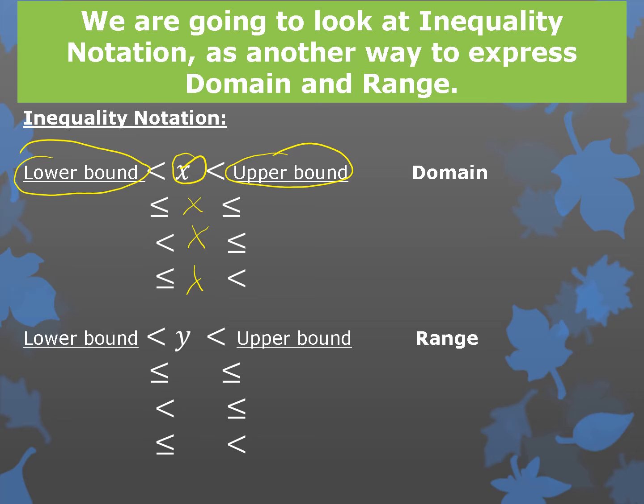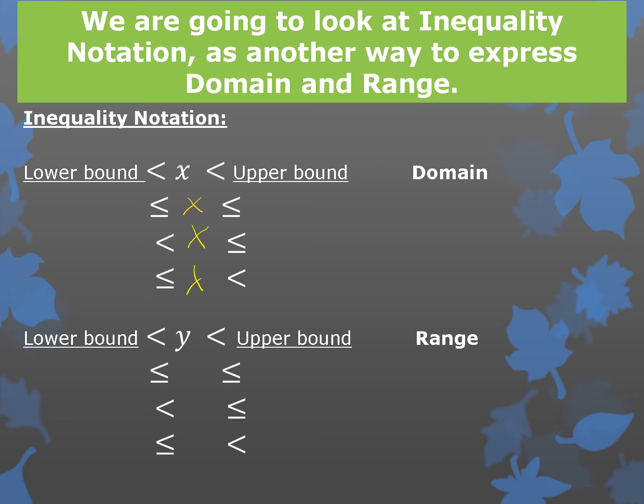Now, if you look here at the slide in front of you, I've given you all the different kinds of combinations of inequality symbols you could have. You could have two strictly less than. You could have less than or equal to and a less than or equal to. You could have a less than, then a less than or equal to, or a less than or equal to and a less than. These are all the different combinations, but what you will notice is that they all point to the left.